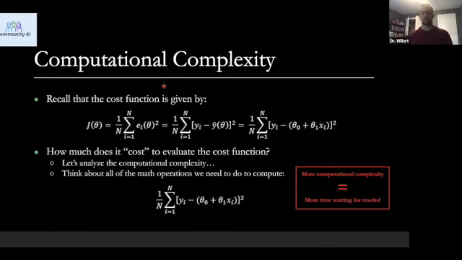So there's another thing that we need to discuss today, and that is a concept called computational complexity. So each one of these algorithms follows some set of math steps, a set of logic that take it from the initial guess for the parameters and end up with our final solution. And the more complex an algorithm is, basically means the longer you'll wait in front of your computer for results.